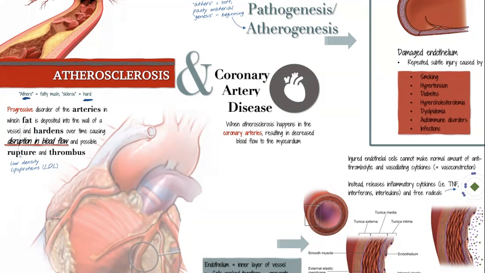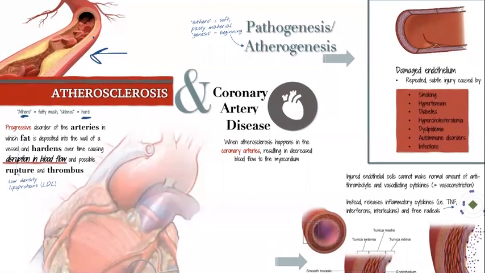It builds up over time, if you look up over here, and then it causes disruption in blood flow. So if you look at this artery up here, you can see, let's say this right here is your atherosclerotic plaque. Got some on both sides here. And so it's really thinning the lumen and the area where the blood can actually flow through.